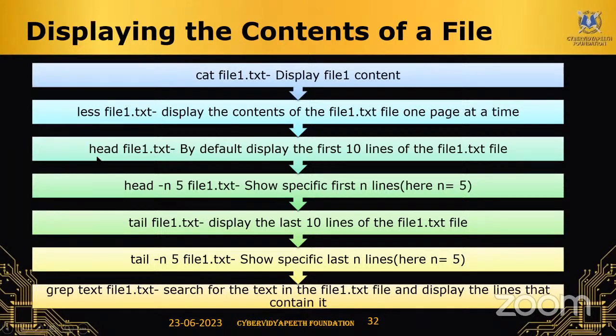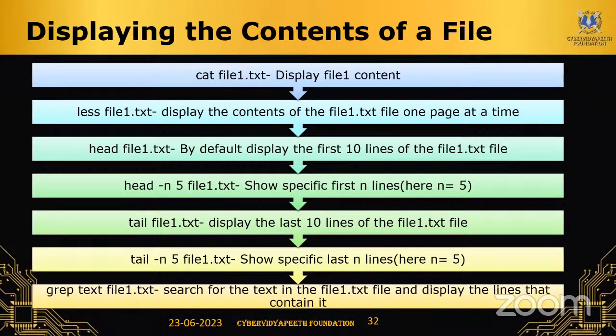And then we have the head command. By using this command, it will print the first 10 lines of a file. Syntax is also very simple. We will type head, then provide the file name. We have another option for head command.